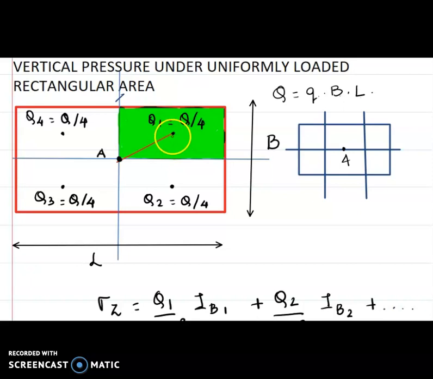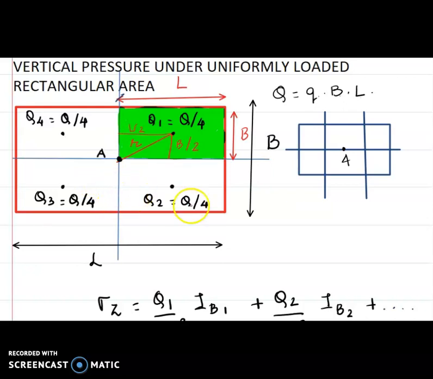Now where will it act? Where does the point load act? It will act at the centroid of these areas. Where is the centroid of this area? It will be at L by 2 if this is L, and if this is B, then it will be at L by 2 and B by 2. Okay, so you know what is the value of point load, you know where it is acting. Can you tell me what will be the value of this R that appears in your equation?